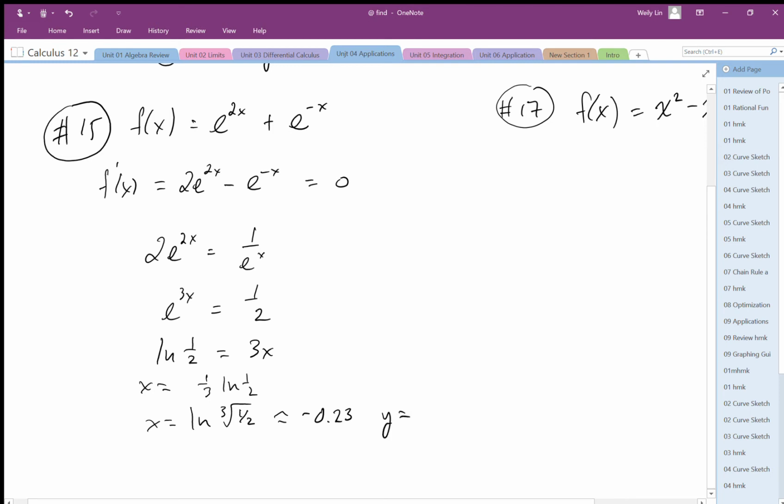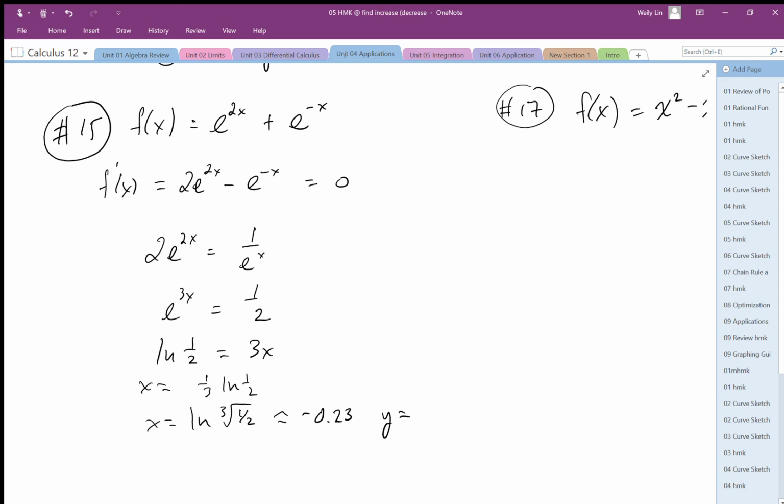Okay, and y equals, when I plug that back into my original equation, I end up with e to the 2x minus e to the negative x.